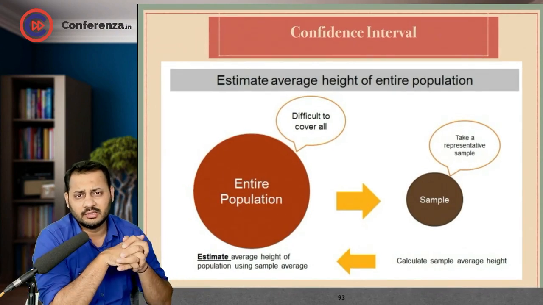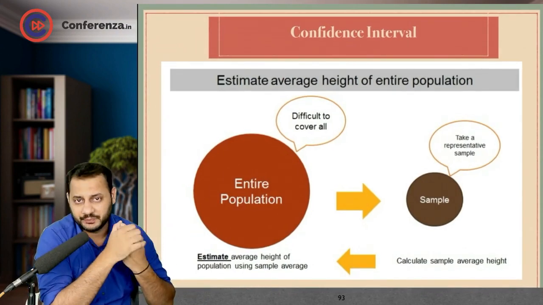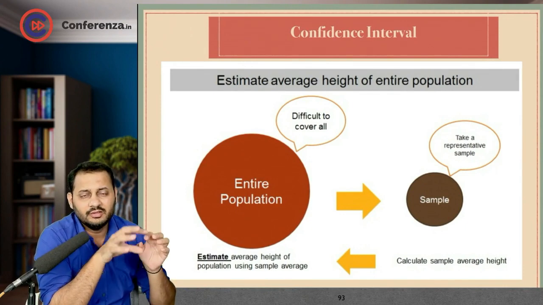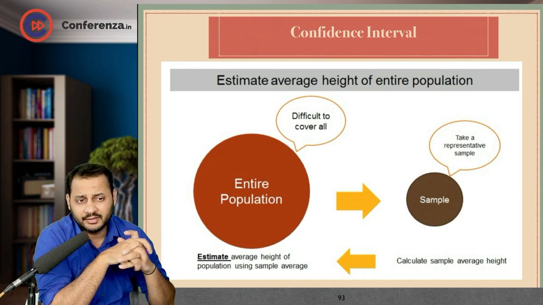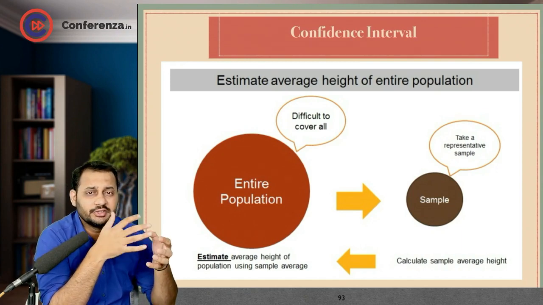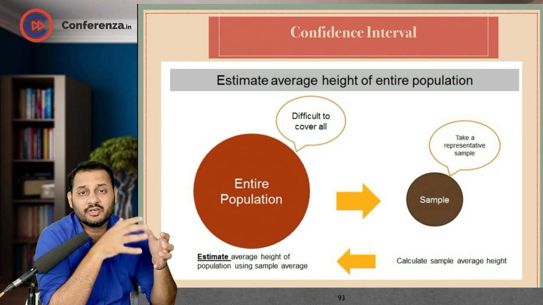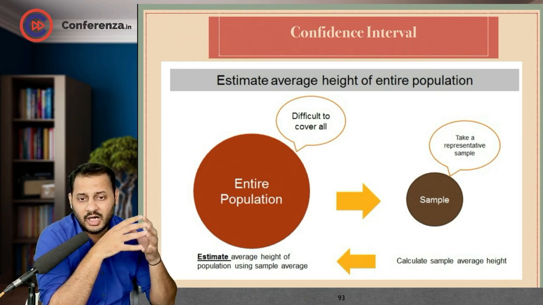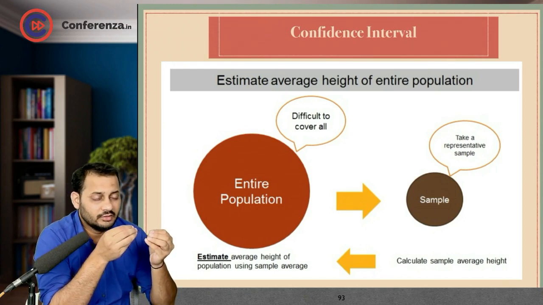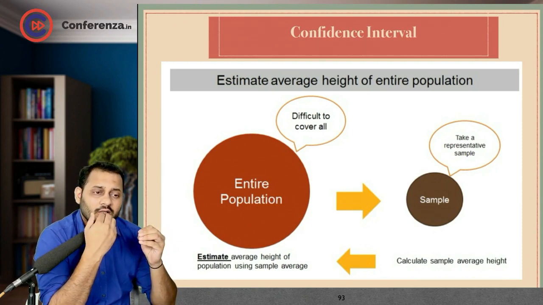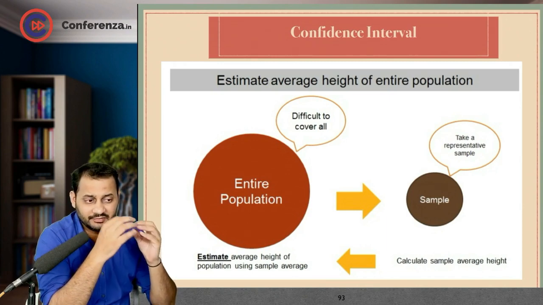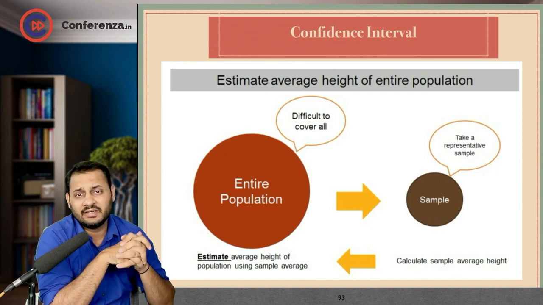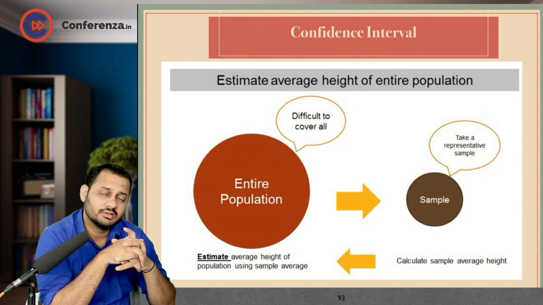Let me take an example of India's population. The entire population constitutes around 140 crore people in India. Out of that 140 crore people, if we want to calculate the average height of all the population, don't you think it will be very difficult for us?